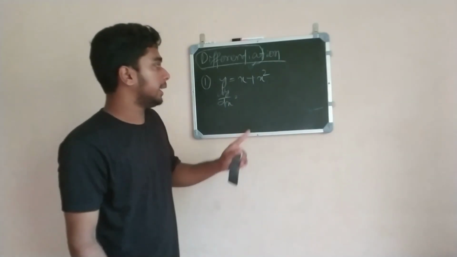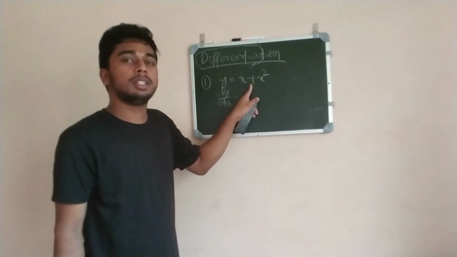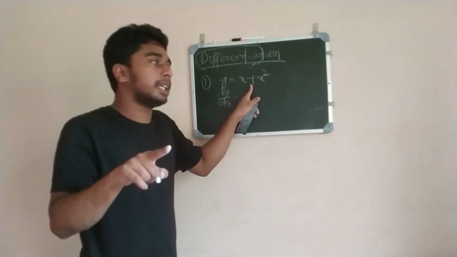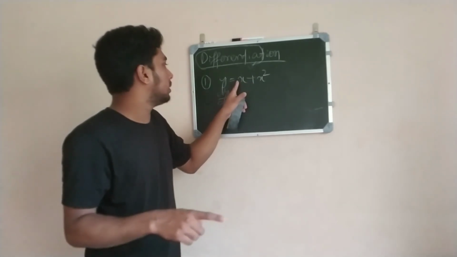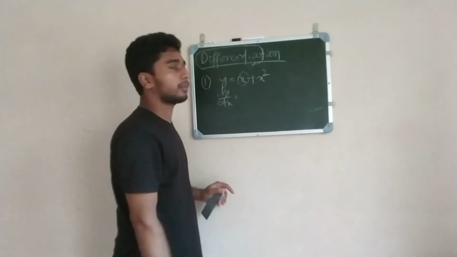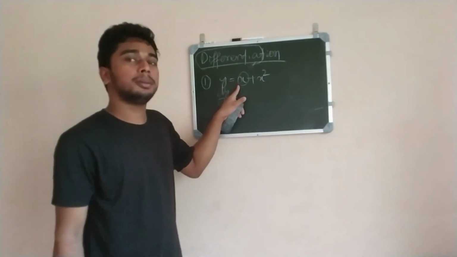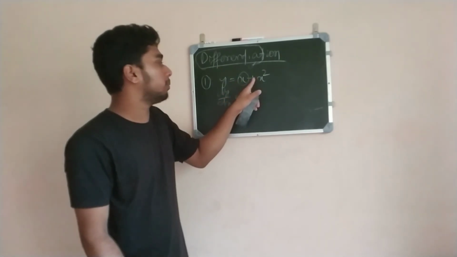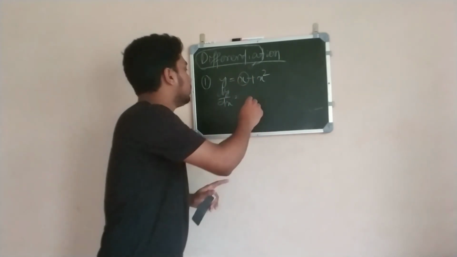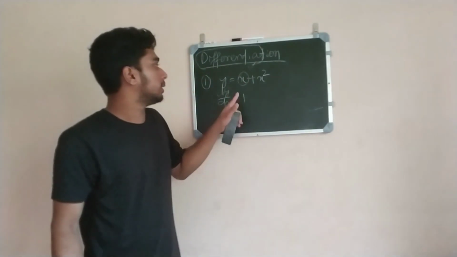What I said, if there is a sum or subtraction, take the derivative of their individual terms, then add up. So what is the derivative of this one? If I take the derivative of this one with respect to x, then from the formula I can write this is simply 1.